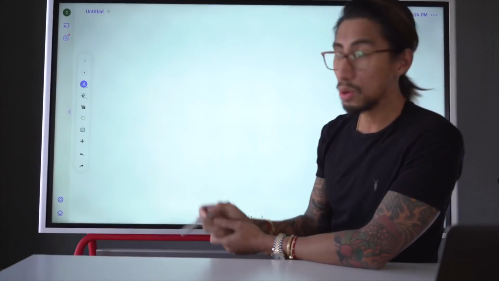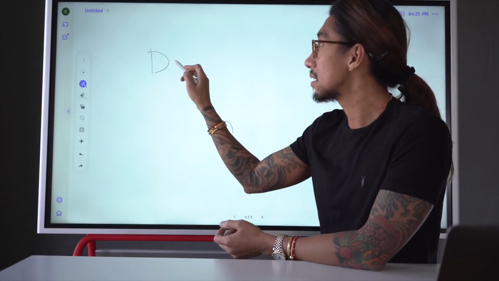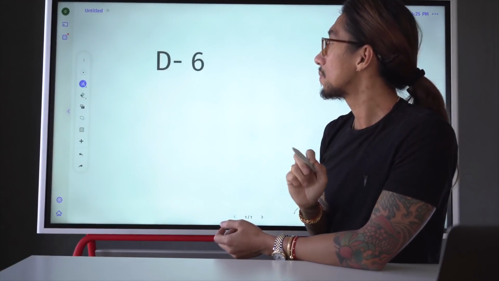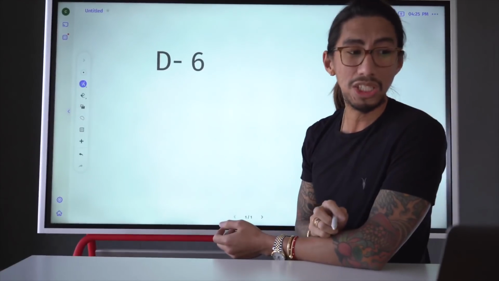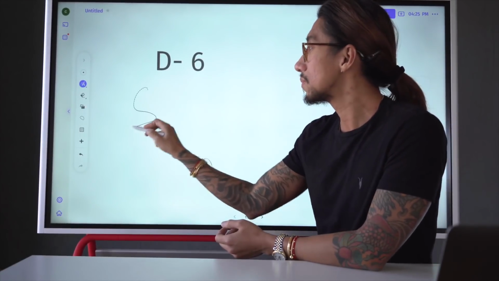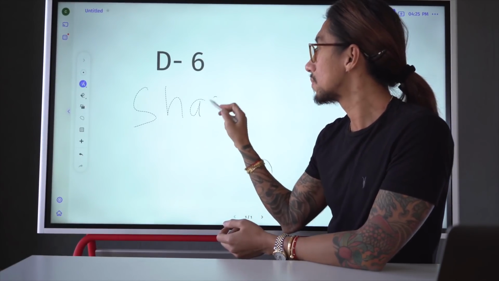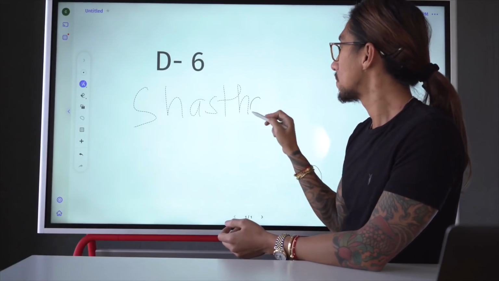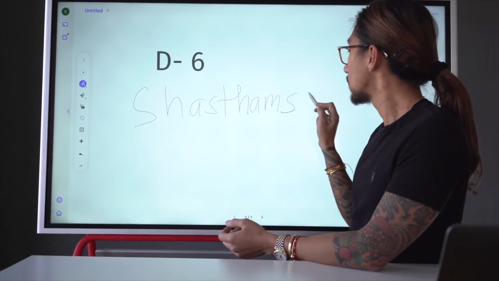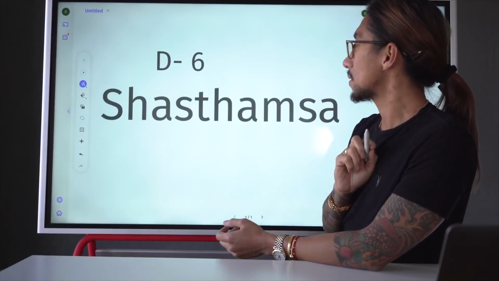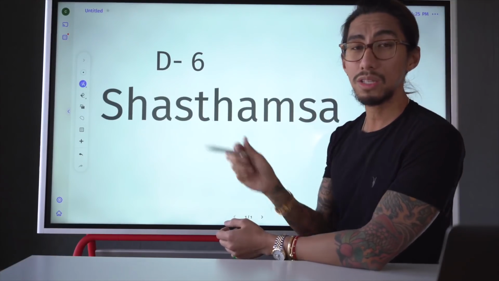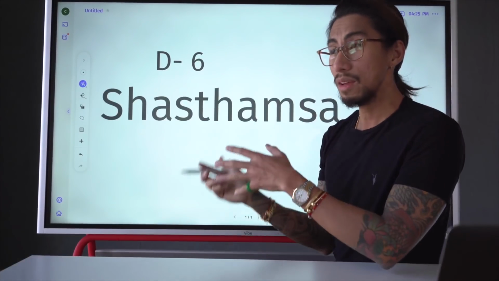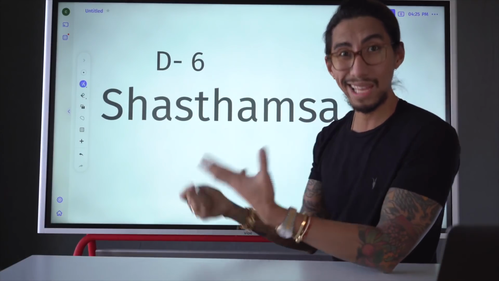Next is, of course, the D6, which we call Shashthamsa. In any case, health is wealth.